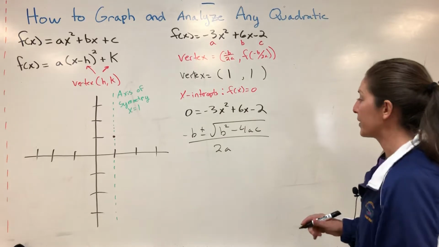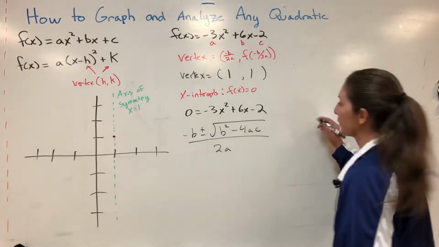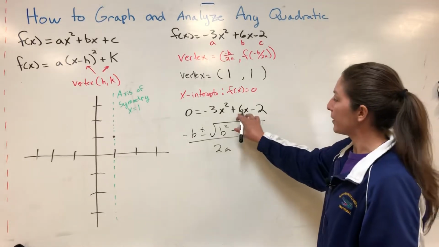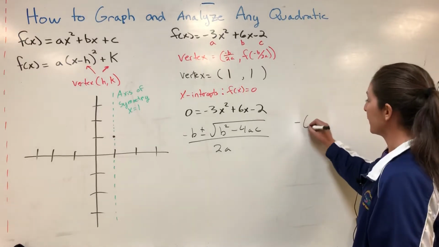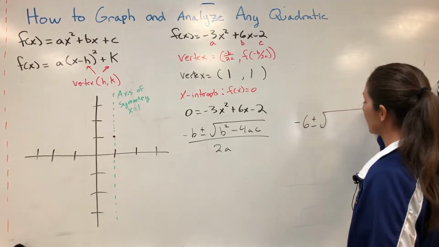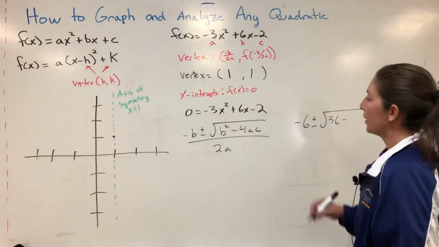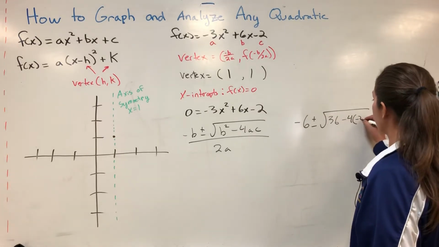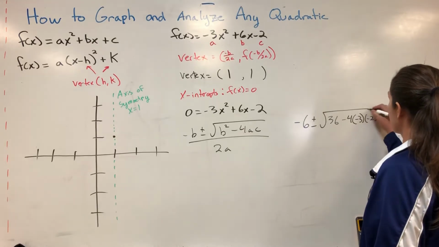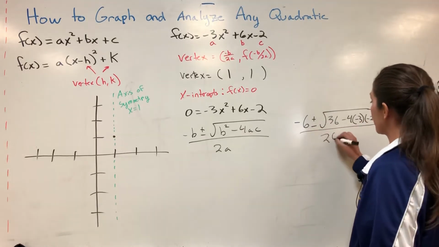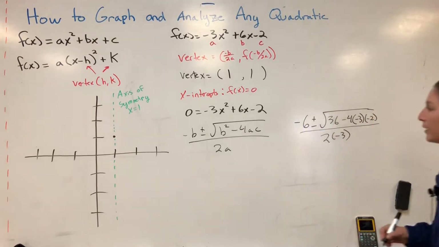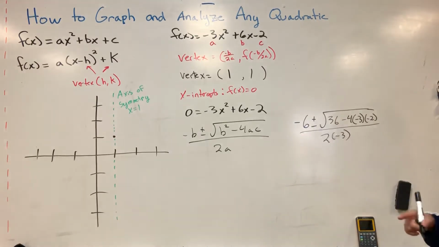Okay, let's plug our pieces in. Our negative b is 6, so negative b is negative 6, plus or minus the square root of b squared. B is 6 again, so b squared is 36, minus 4 times a times c, all over 2 times a. Okay, just plugging our pieces into the quadratic formula.